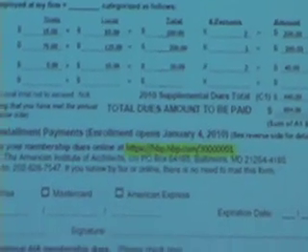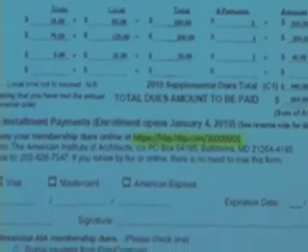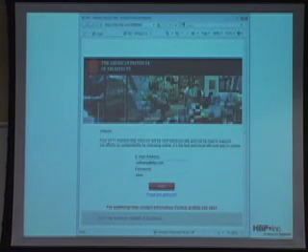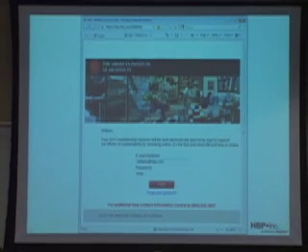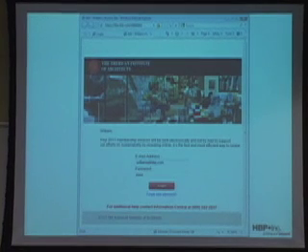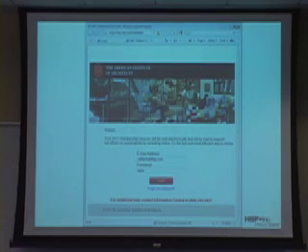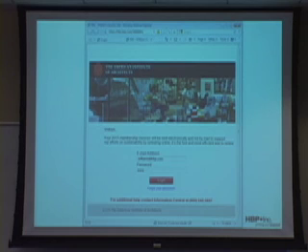The PURL information was in the letter, and also on the invoice. They could take this printed invoice and mail it back, but if they wanted to pay online, they could do that. This is the intro to the PURL site, and it was secure, HTTPS.